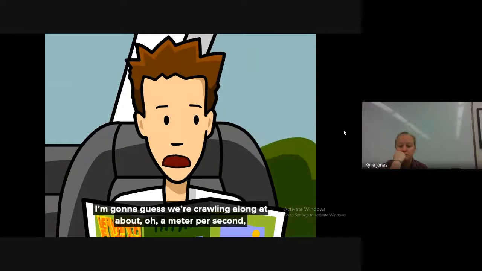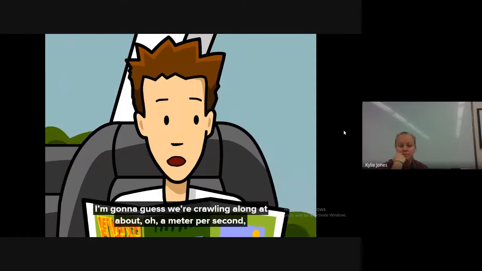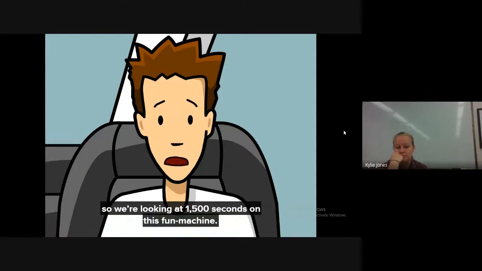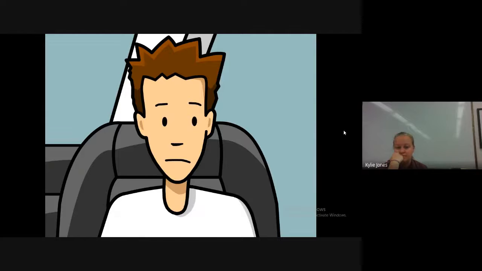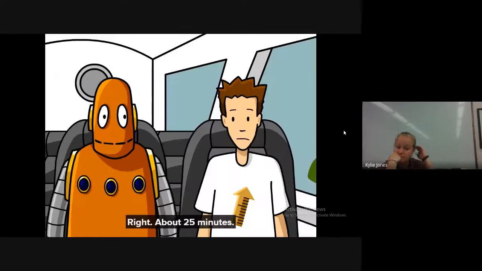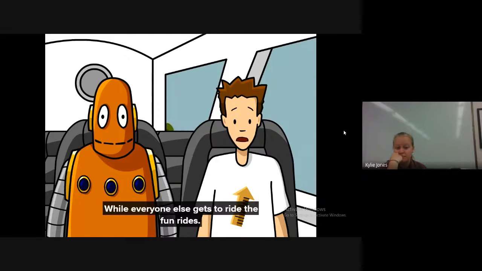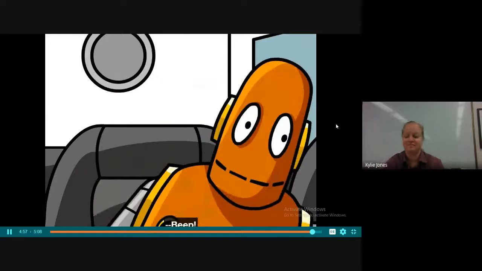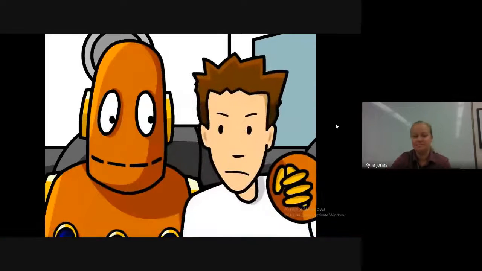I'm going to guess we're crawling along at about a meter per second, so we're looking at 1,500 seconds on this fun machine. Realize how long that is? Right, about 25 minutes on the monorail while everyone else gets to ride the fun rides. Get off me.